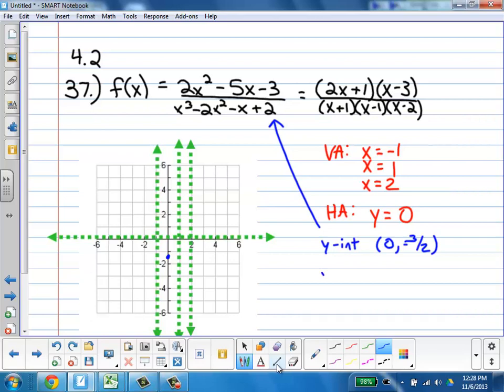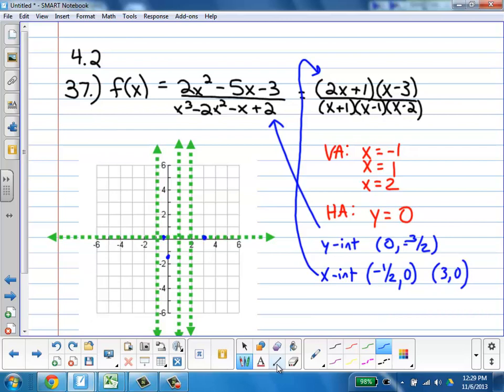And for the x-intercepts, it's easiest to look at the numerator of the factored version because you're asking what makes the fraction 0. x equals -1/2 would make the whole thing equal 0, and x equals 3 would make the whole thing equal 0. So we can plot those. There's one right there, and there's one right there.